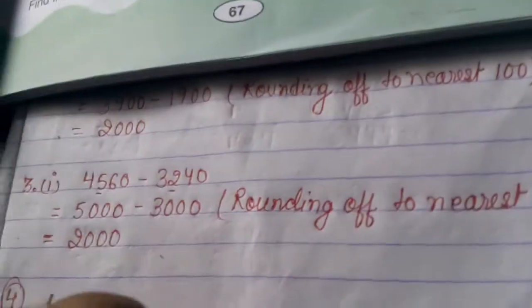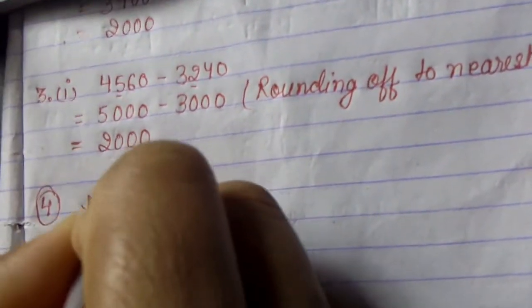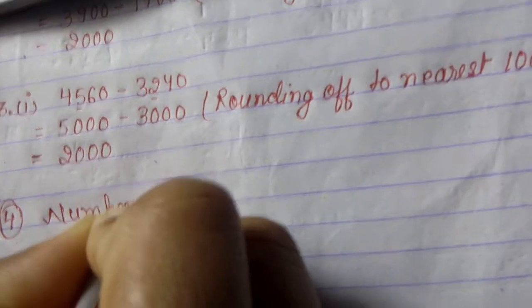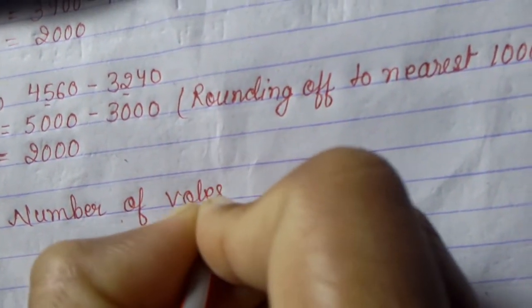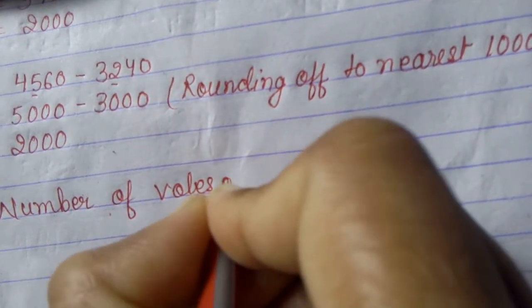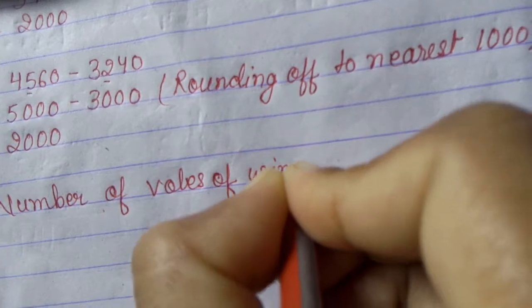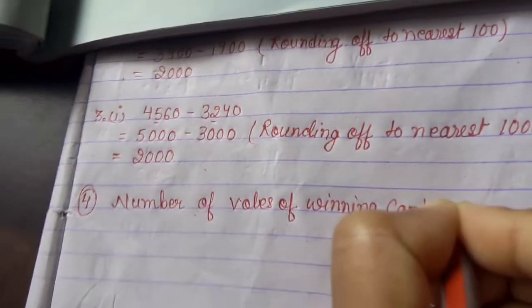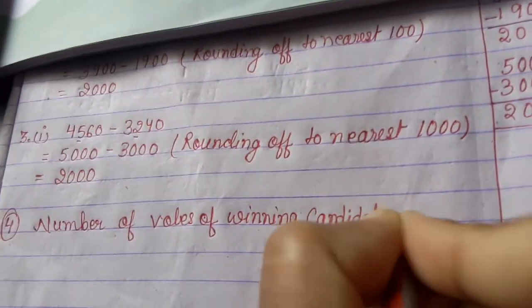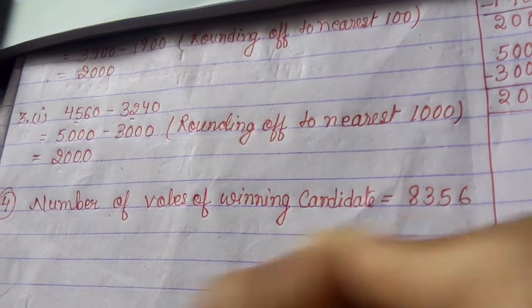So like this we will write number of votes of winning candidate. So it is 8,356.